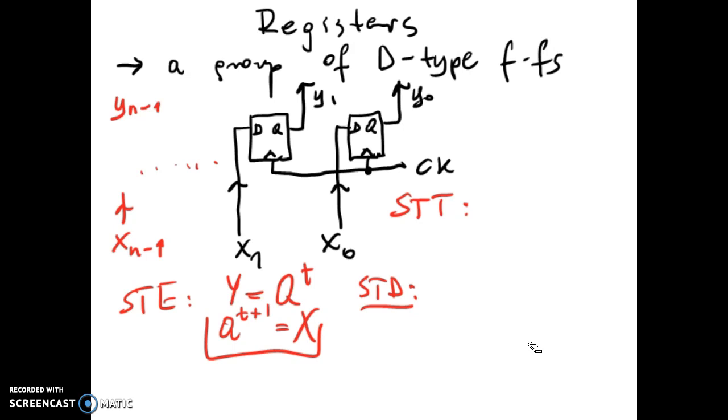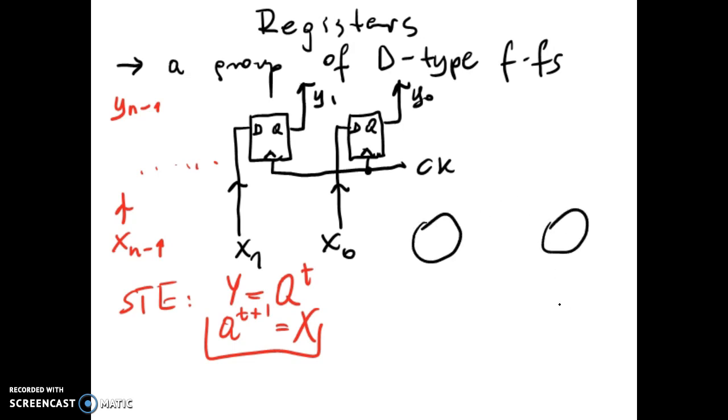We have too little time to present the full table. That's why I have shortened this table. But I will not shorten the STD. And a good starting point is to draw all the possible states of the register, of the Moore machine.